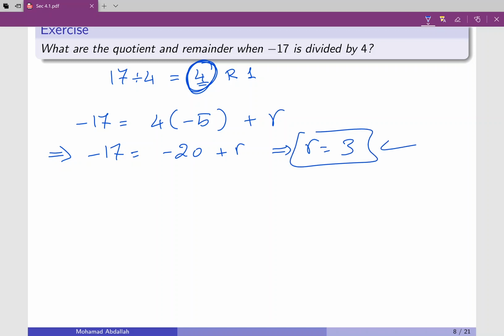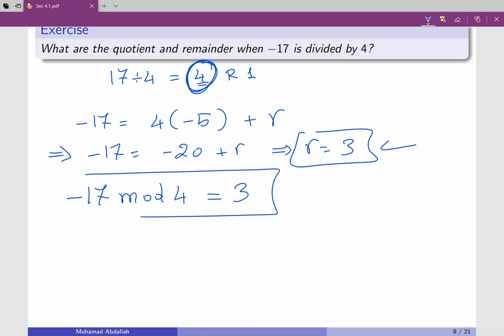As a result, I know that minus 17 mod 4, which is the remainder of dividing minus 17 by 4, is equal to 3. And the quotient, minus 17 div 4, is minus 5.